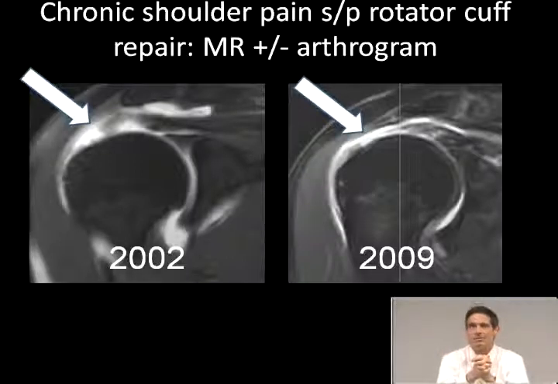Try to figure out in your mind, well, is it a tear/re-tear phenomenon, or is it just tear, repair, and healing that's going on? Usually the method of choice for evaluating that issue is to do an MR arthrogram, or at least an MR.